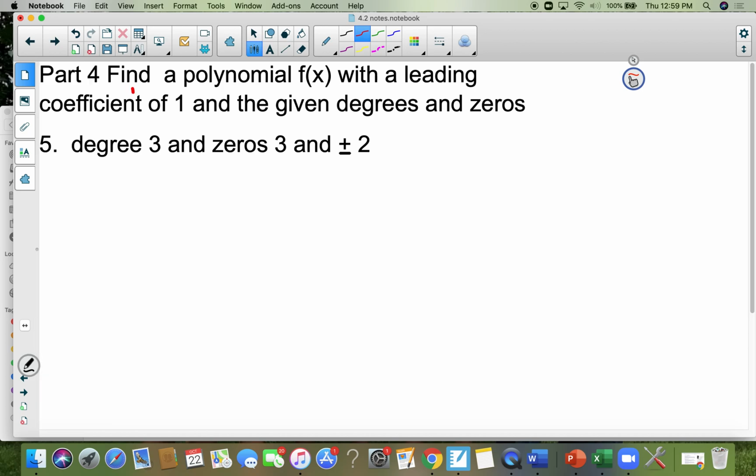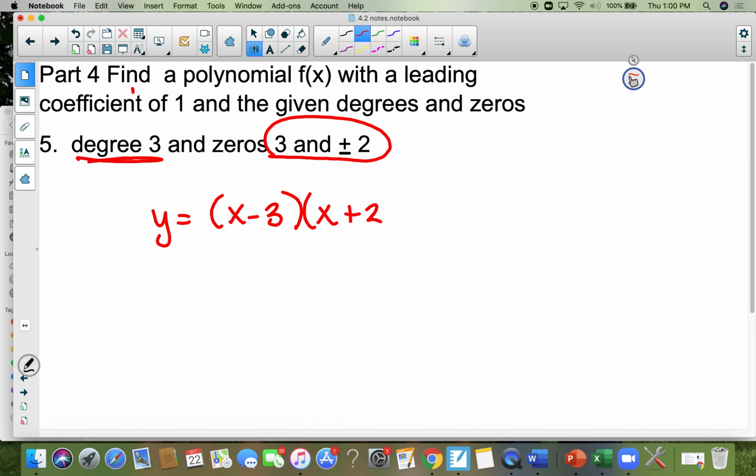Okay, the next part, you're supposed to find a polynomial with a leading coefficient of 1 of degree 3, so it needs to be degree 3, and these are the three solutions. So if the zeros are x minus 3, because when you set it equal to 0, you get 3, x plus 2, and x minus 2.